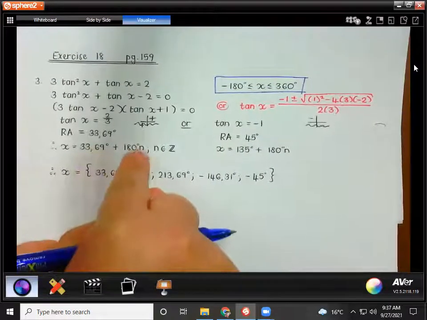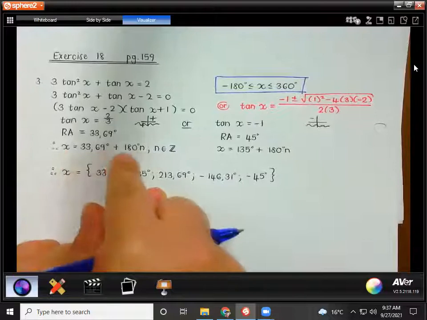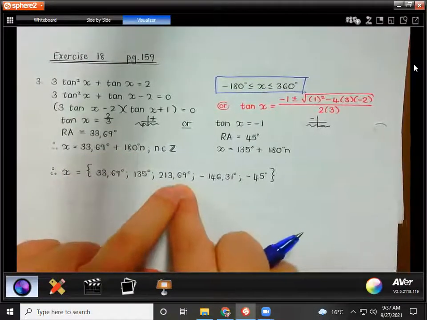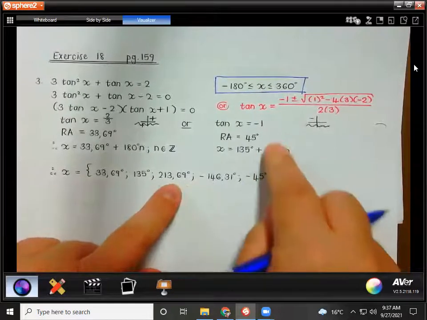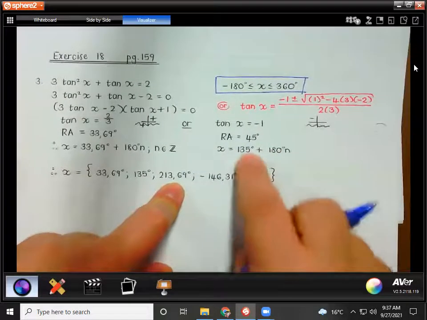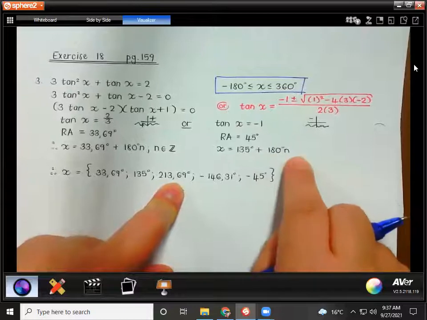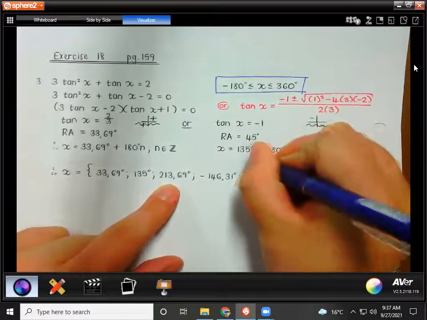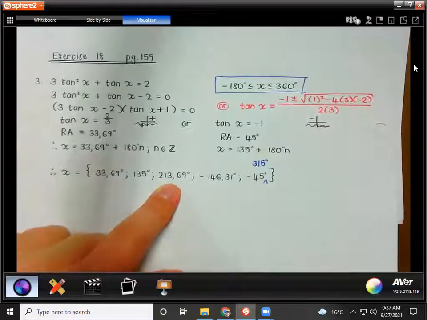So if n is equal to 1, you're going to say 33.69 plus 180 times 1, which is where I got this value from. You would do the same thing here: 135 plus 180 times 1, which is where the 315 comes from. Sorry about that.